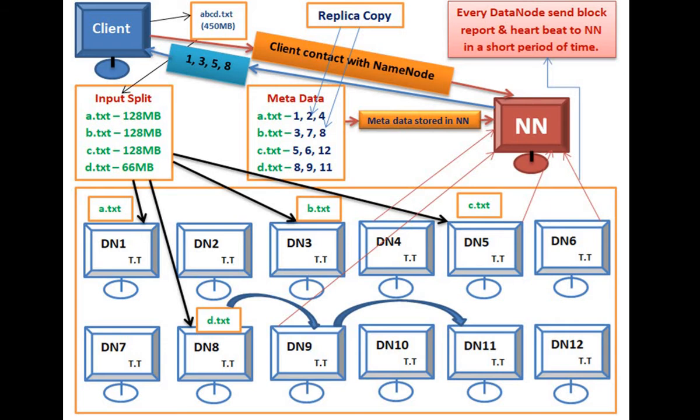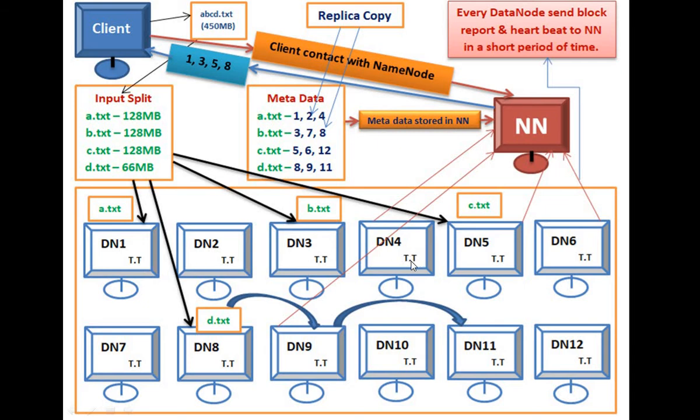So guys, as we know, for storing the actual data we use the DataNode. Here we can see DataNode 1, DataNode 2, DataNode 3, DataNode 4 and so on, up to DataNode 12. On the DataNode we can also see the task tracker.